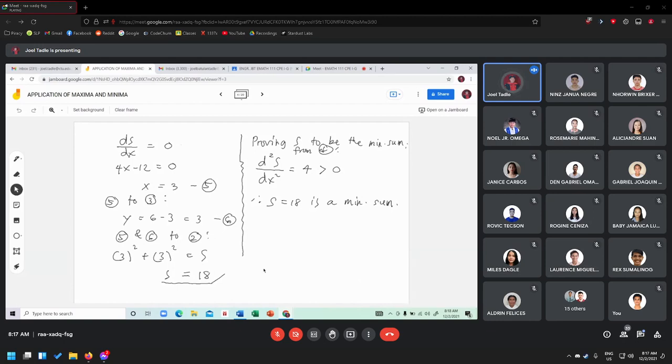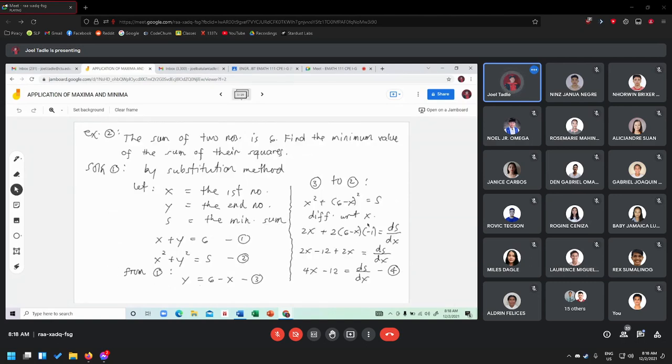Now to prove that this is true, we have to use the second derivative test to prove that our sum is a minimum sum. Going back to the equation we differentiated earlier, we got 4x minus 12, equation number 4, equals ds over dx.